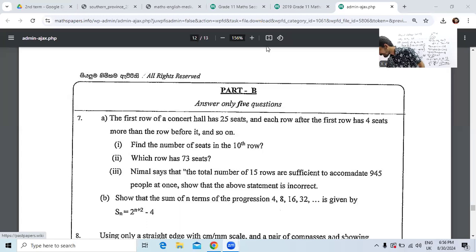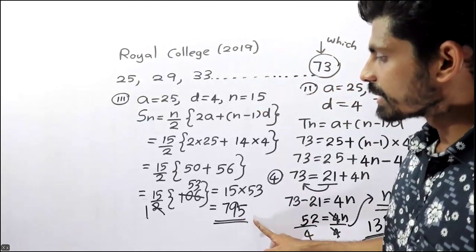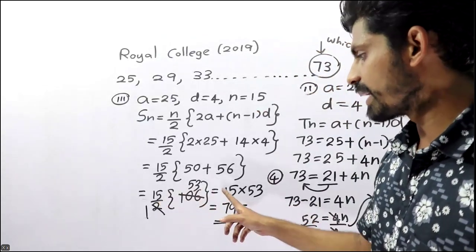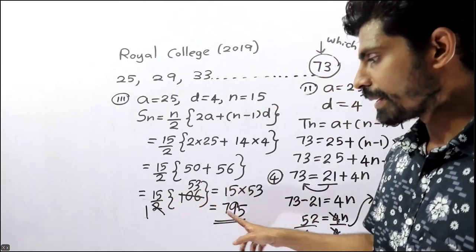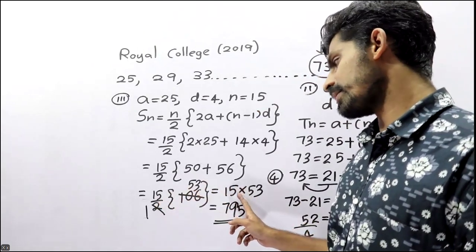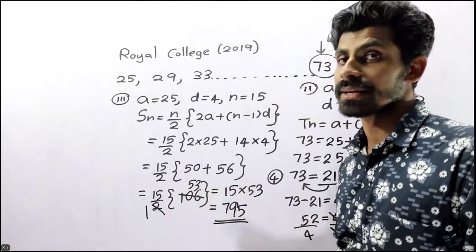According to the question, they are saying they can accommodate 945 people at once. No. The maximum is 15 into 3, 45, remaining 4, 15 into 5, 75, so 795.